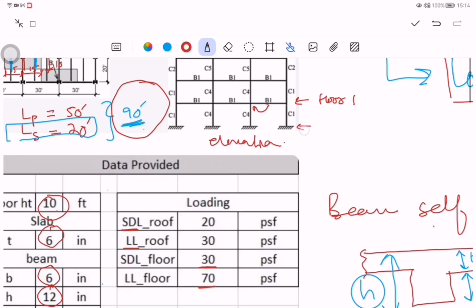But at footing, is there any floor? No. Everyone can comprehend that at footing level there will be no load from a floor. What do I mean by that? There is no floor, no catchment of the floor through which the load will be transferred.